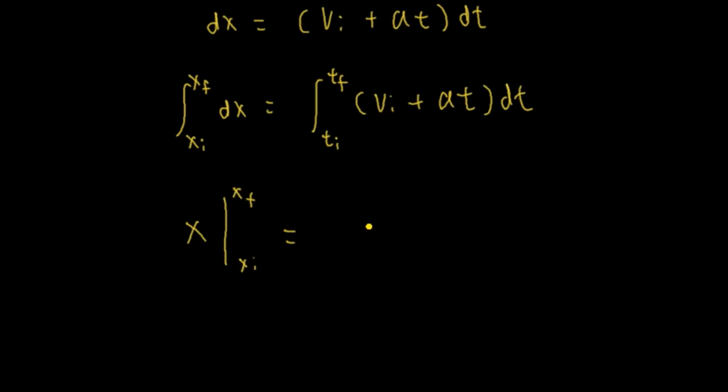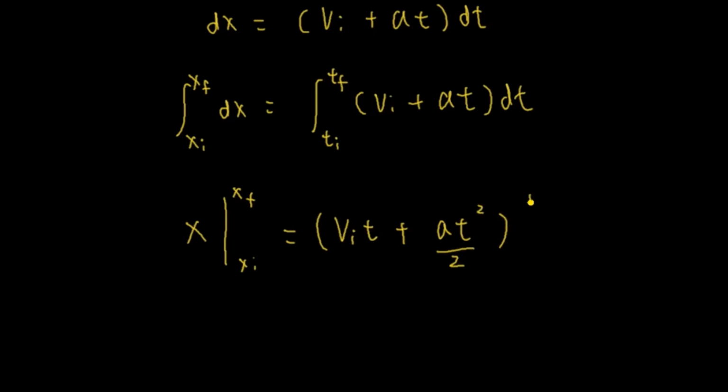And on this side, we have, okay, so let's do this. This v initial is just a constant because we're integrating dt. So we have to add t to v initial here. So it's v initial t plus, now there's a t here, so we have to add 1 to the power divided by the new power, which is a t squared over 2.